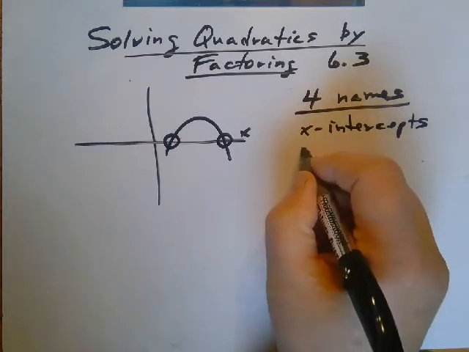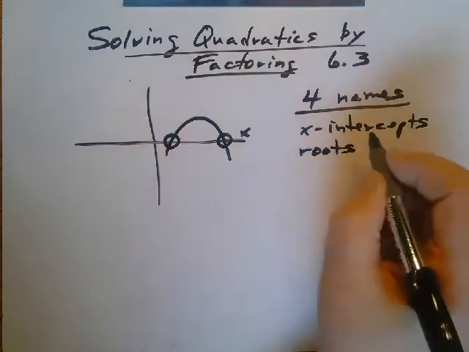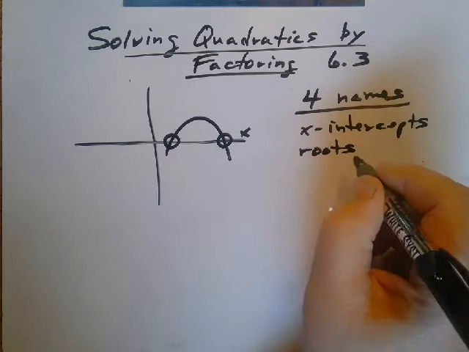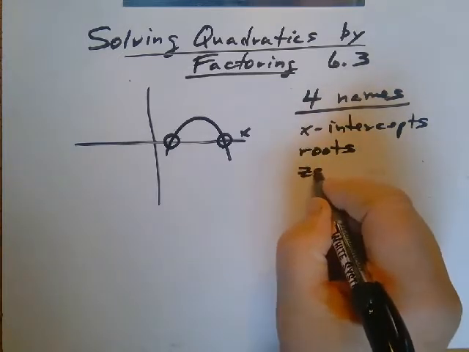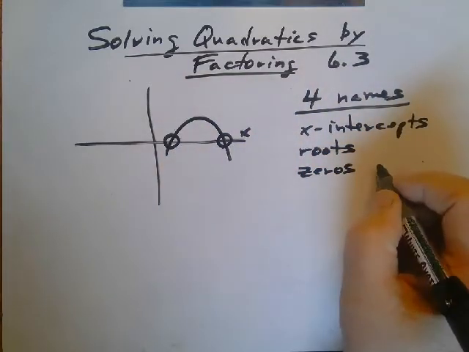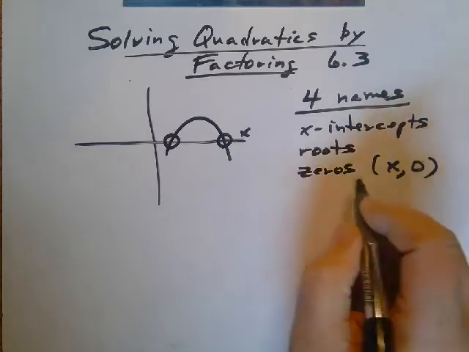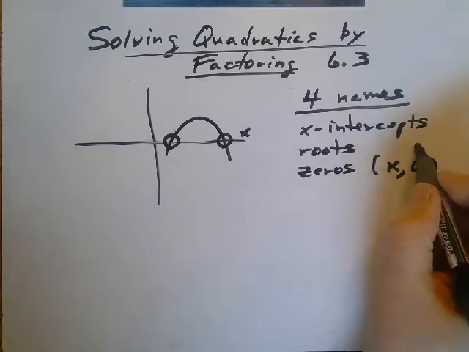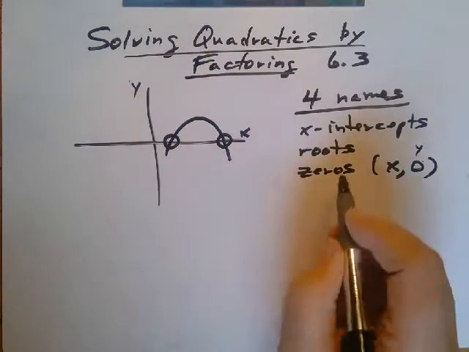We could call them the roots, kind of like the roots of a tree, and you'll be hearing that word a lot in this section. And we could call them zeros, because those spots happen to be at some x and 0. It's called a 0 because the y value here is 0.